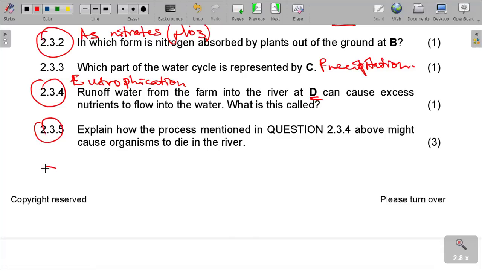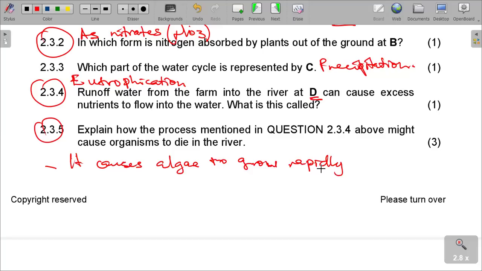So we are saying eutrophication causes algae to grow rapidly, or very fast.